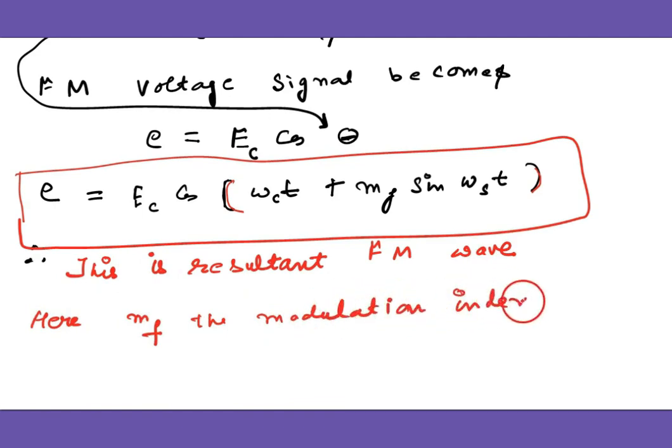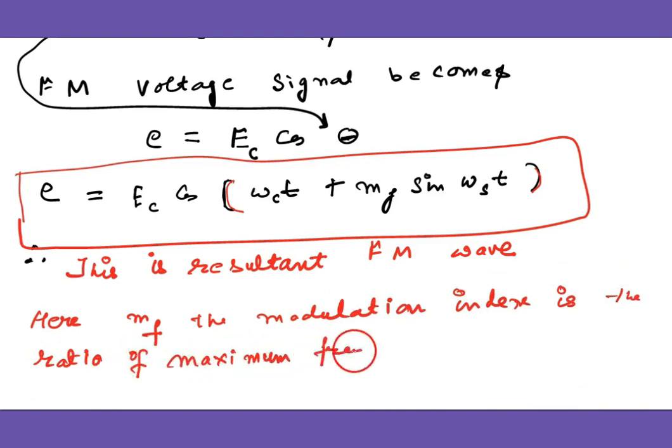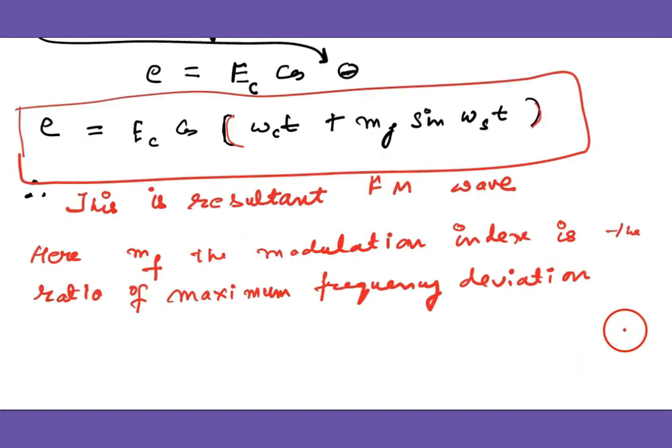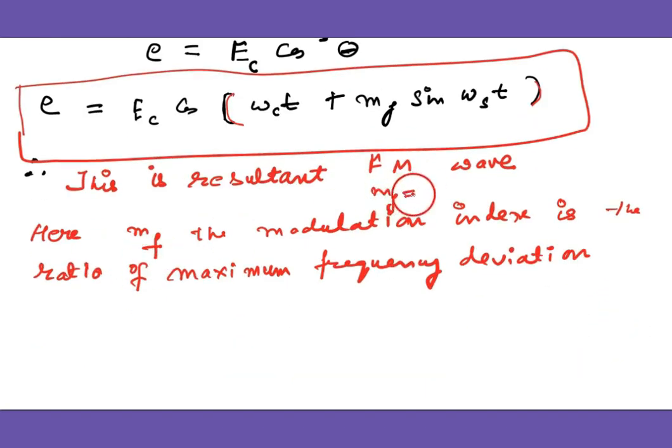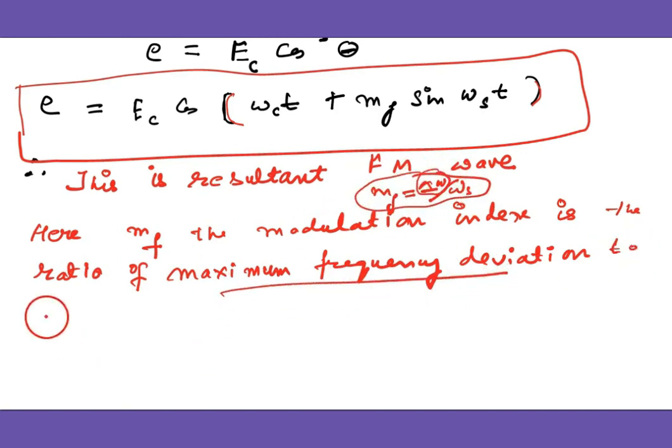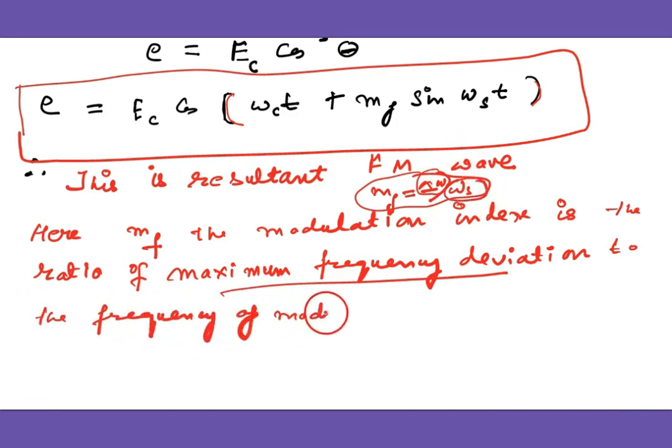MF is the modulation index, and it is the ratio of the maximum frequency deviation to the frequency of the modulating signal.